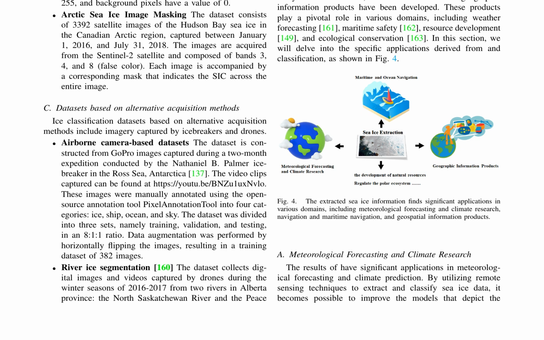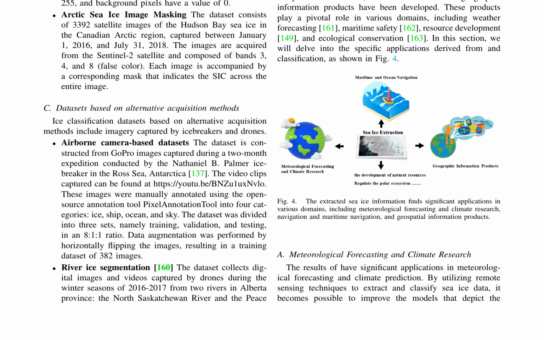The applications of these datasets and technologies extend across multiple domains, including weather forecasting, maritime safety, resource development, and ecological conservation. By leveraging remote sensing techniques to extract and classify sea ice data, it becomes possible to enhance models that depict the Earth's climate system, ultimately improving meteorological forecasting and climate prediction.